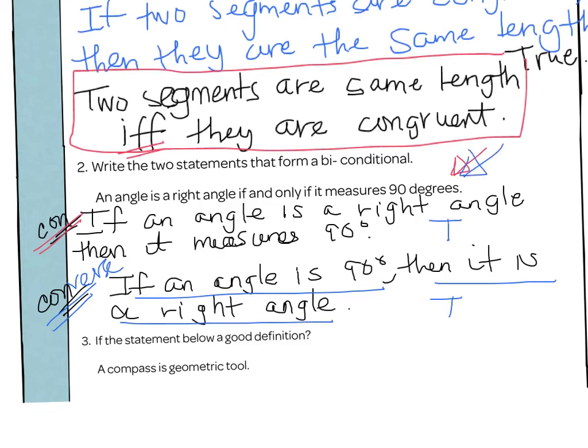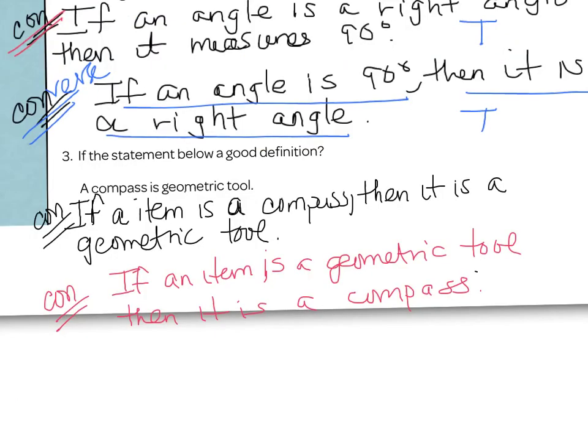Last question, number 3. Is the statement below a good definition? A compass is a geometric tool. In order to test whether this is a good definition for a compass, we write both the conditional and the converse. The conditional is simply, if an item is a compass, then it is a geometric tool. And that actually is true.